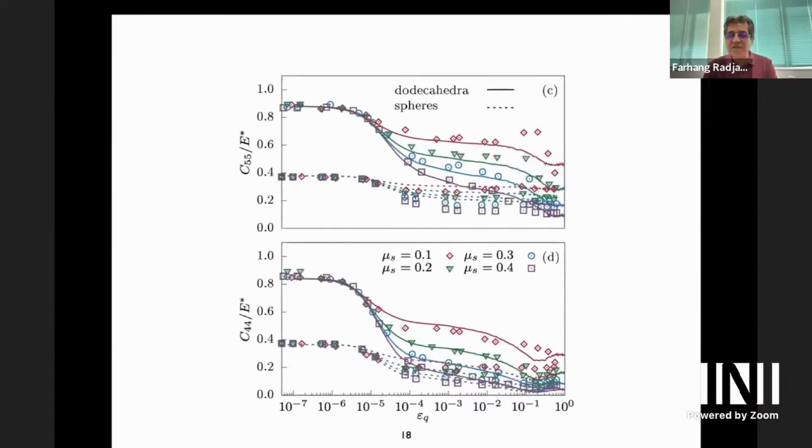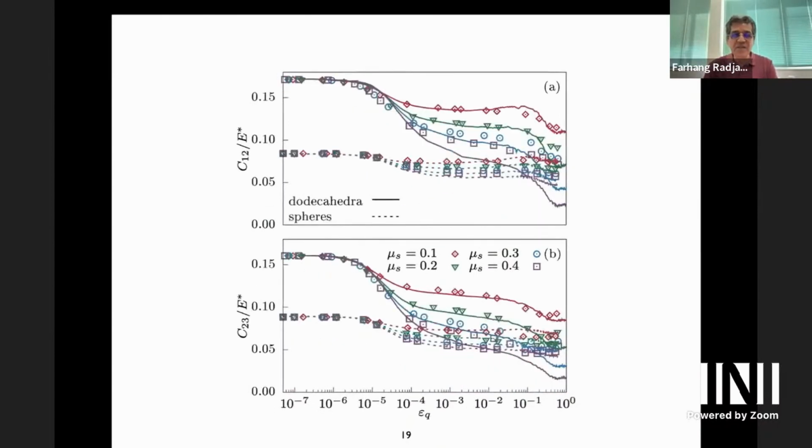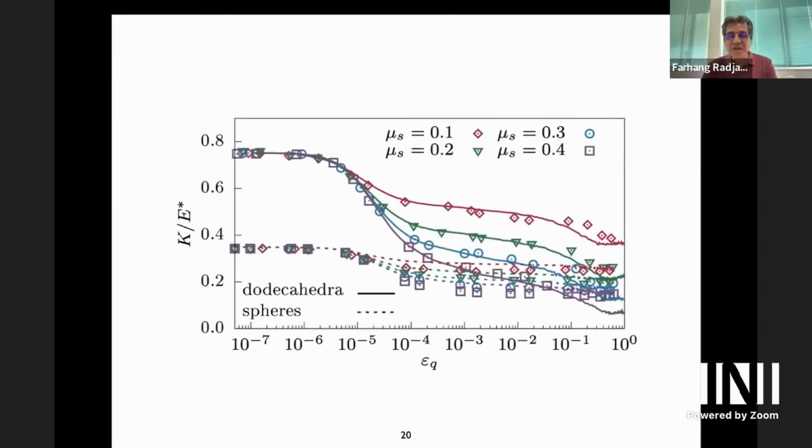For C55 and C44, the same trends. For C12 and C23, the same trends. And for K, the same trend. Here we see that again, for polyhedra, we have larger values of the bulk modulus, and so we see the same trends that I showed you for C11.